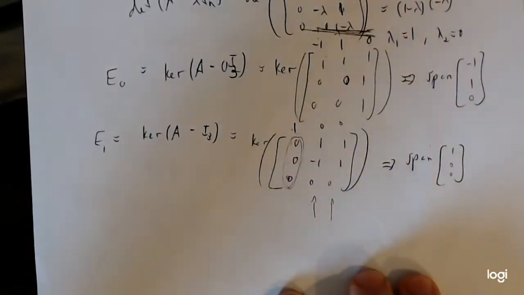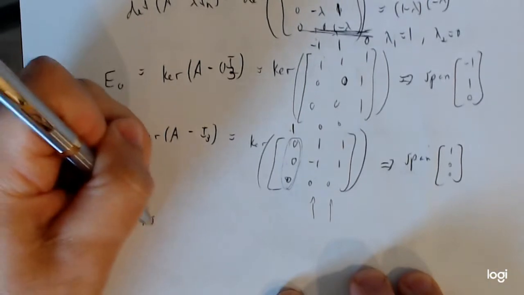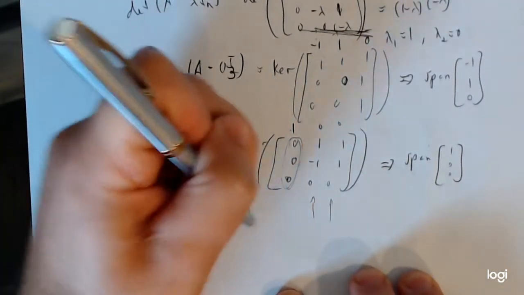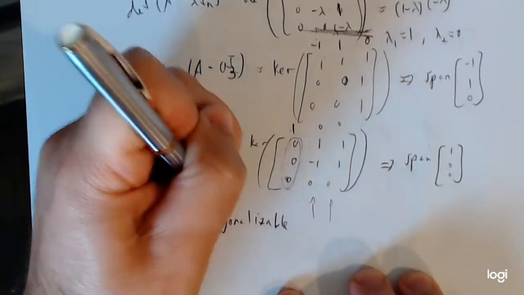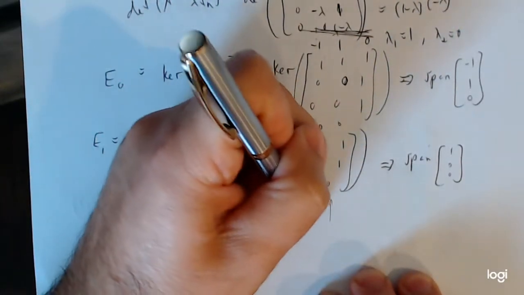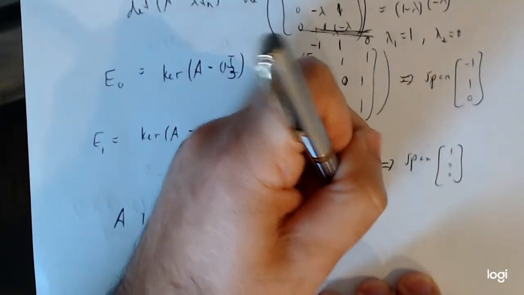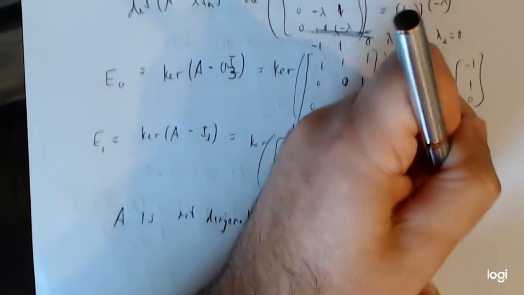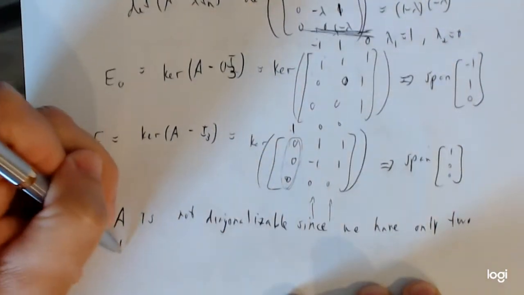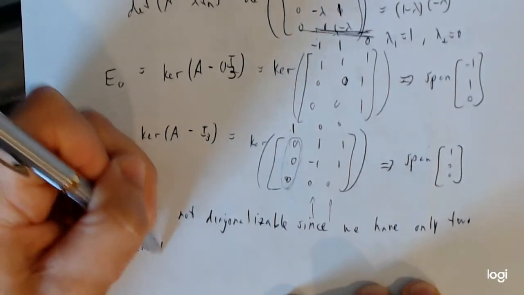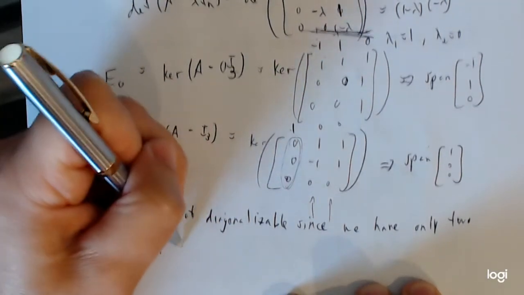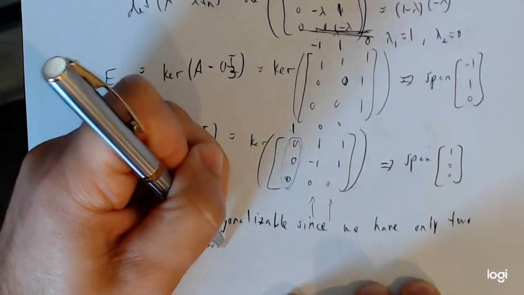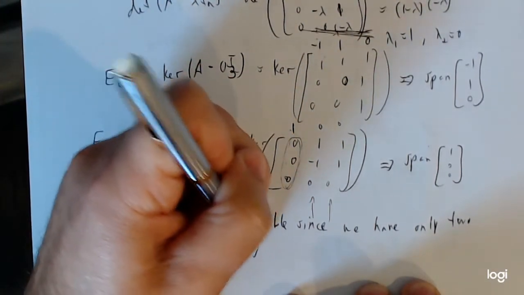So notice in this example, we would say matrix A is not diagonalizable since we have only 2 linearly independent eigenvectors.